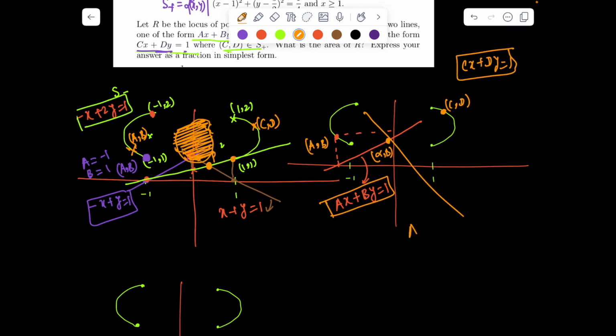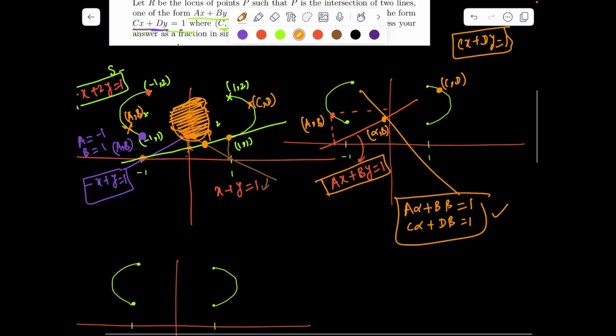Since alpha comma beta is the point of intersection of both lines, it must satisfy both. So we'll have a alpha plus b beta equals 1, and similarly c alpha plus d beta equals 1.